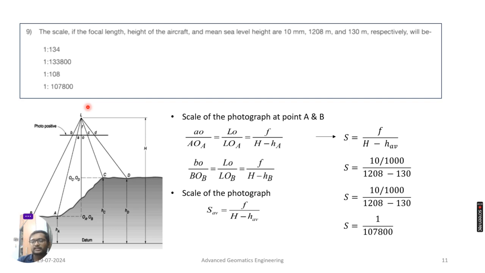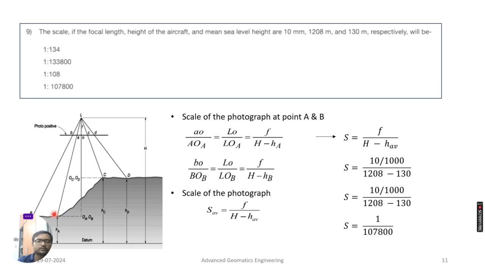In a general sense, to define a scale: you are capturing this portion A to B, and the question is how much length on the ground of AB is captured in your image or photograph.